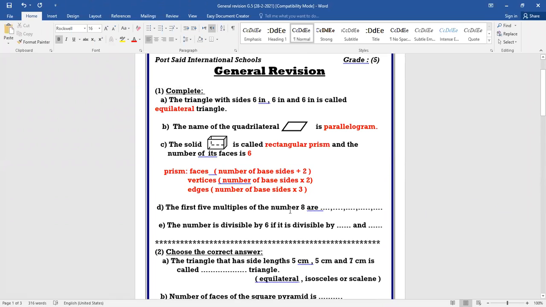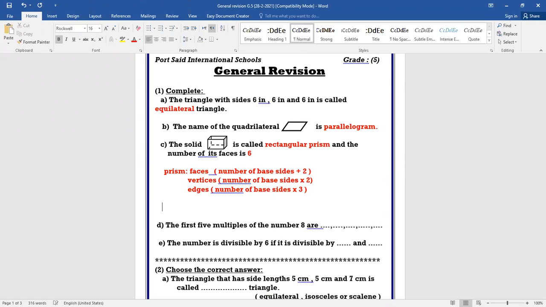In the pyramid, for example, this is the pyramid. To find the number of faces, number of base sides plus 1.